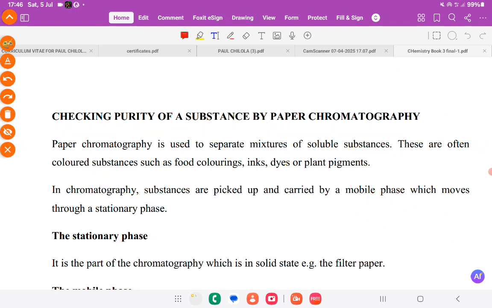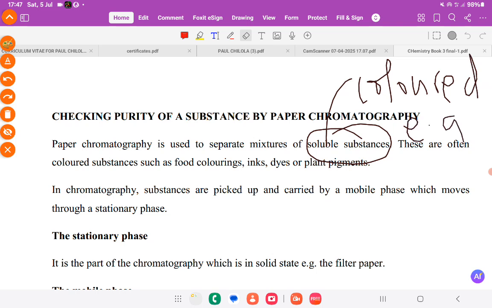So we can assert that paper chromatography is used to separate mixtures of substances that are soluble. In particular, we are looking at substances that are colored.